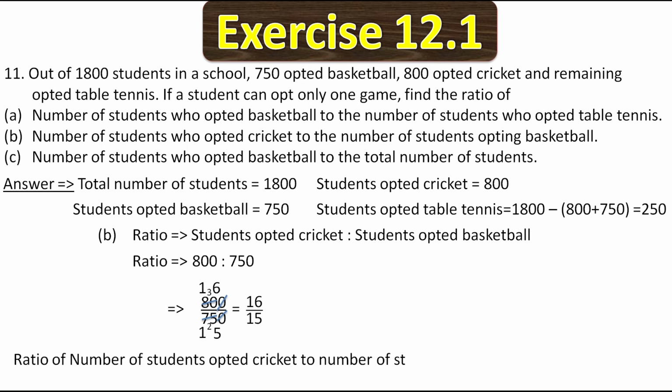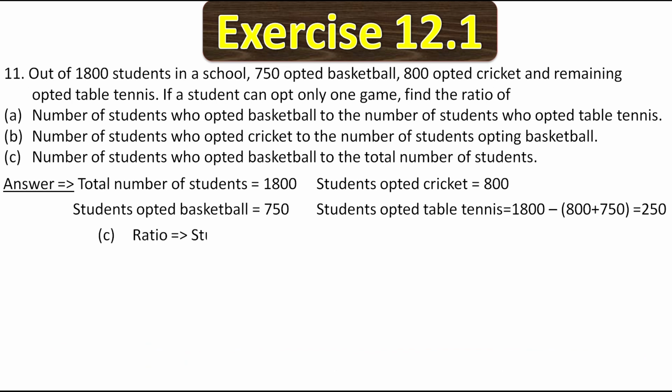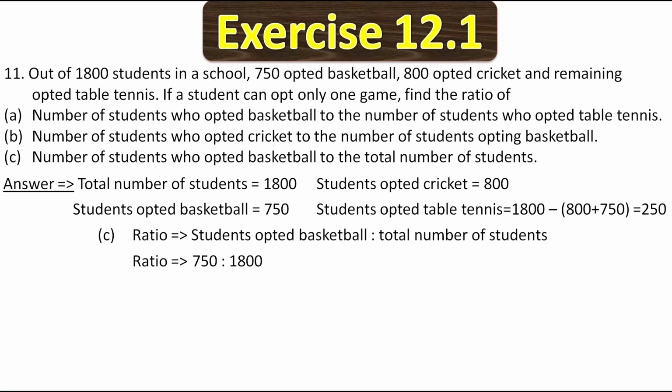Okay. Now we have to find the ratio for the number of students who opted for basketball to the total number of students. Okay. Now for basketball we have 750 and the total is 1,800. So the fraction will be 750 upon 1,800. 0 will get cut.